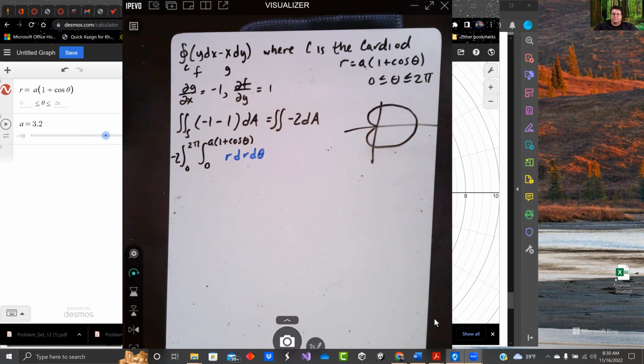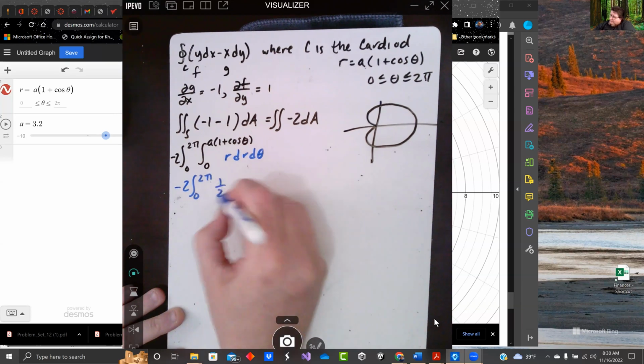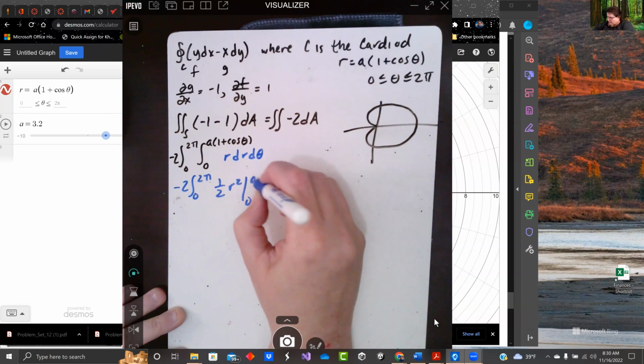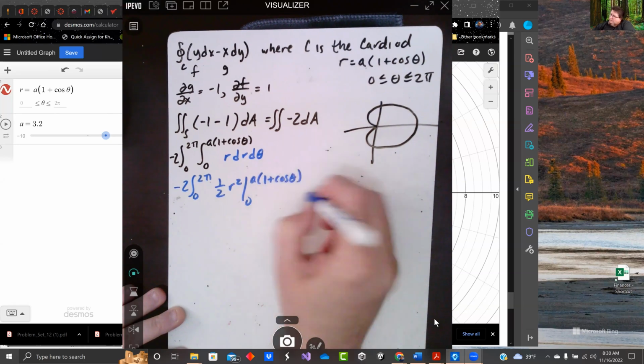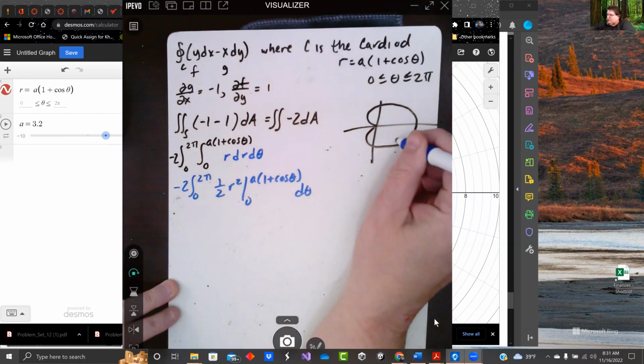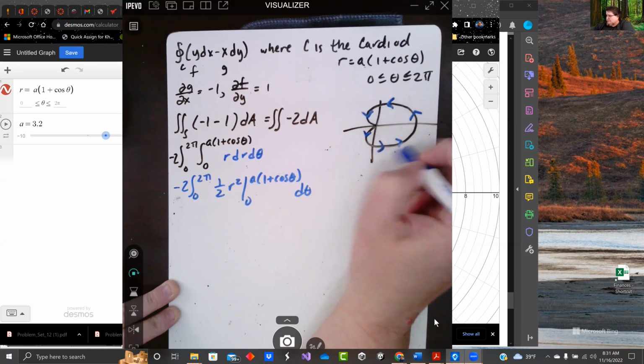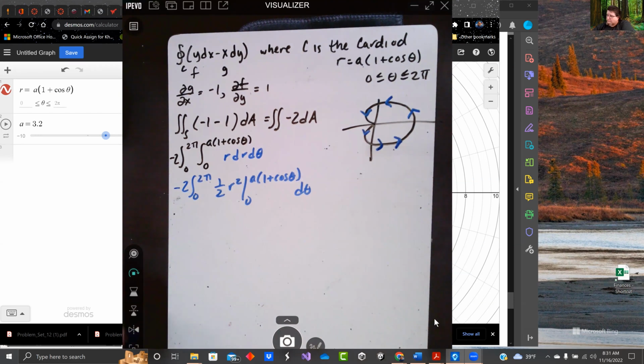All right, so we start integrating. The curve is the line going around the cardioid. You just make it an area, because that's what it is.